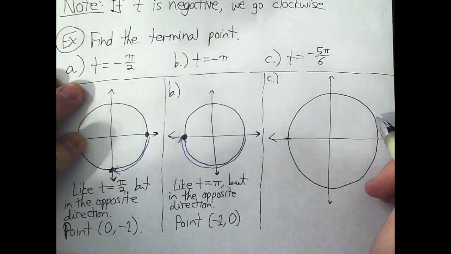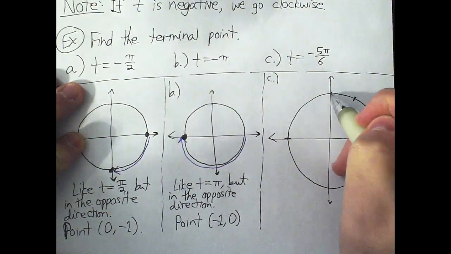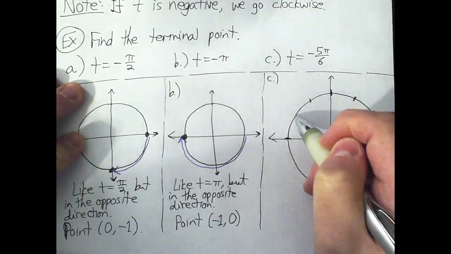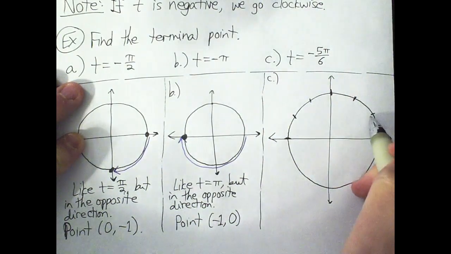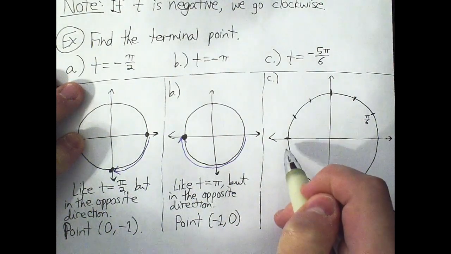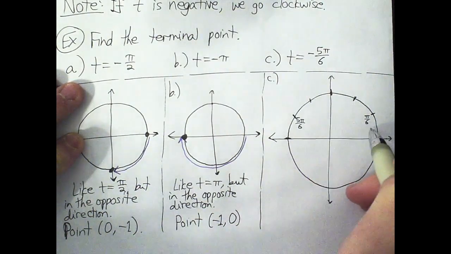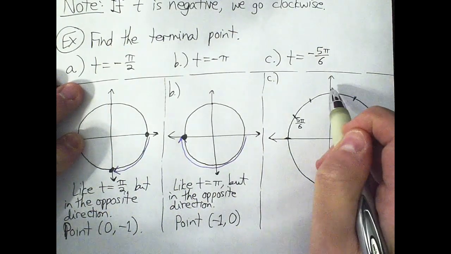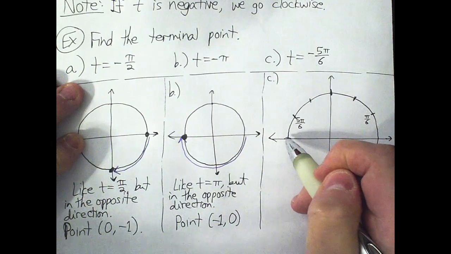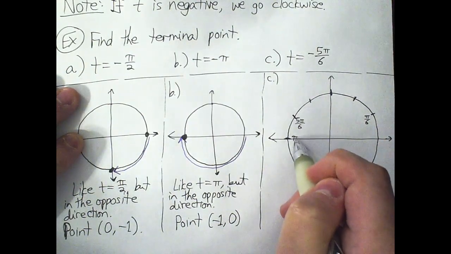So that means chop it here, here, here, here, here. Can you see what I did? This is pi over 6, and this is 5 of them. Go pi over 6, another pi over 6, another, another. If you do 6 of them, then you've gone pi around the unit circle.